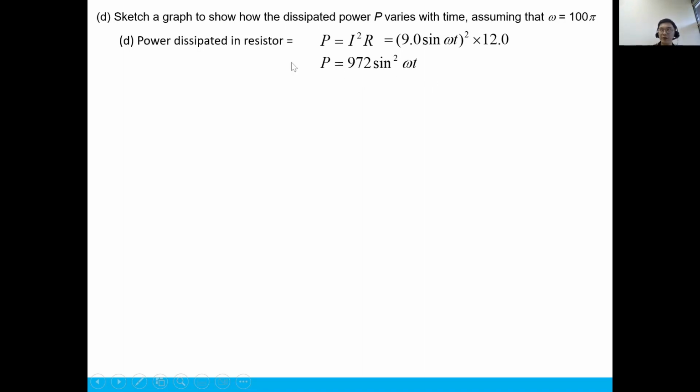With the graphic calculator, you can plot it already, but let me do it the more traditional way. Omega is 2 pi over T, so you have 2 pi over T equals 100 pi. You rearrange, and you find that the period is 2 pi over 100 pi, which gives 0.02 seconds.